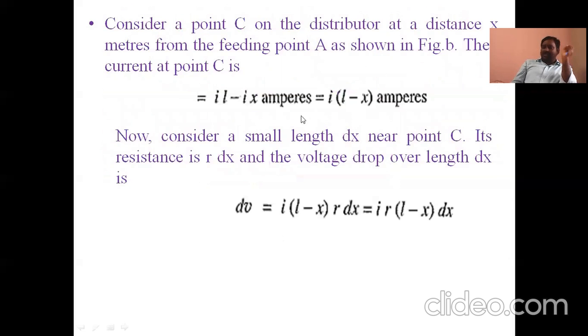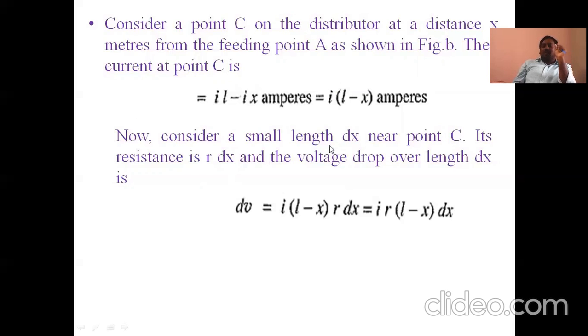That's why the current at point C is I into L minus x, the load tapped beyond point C. From the total length L we subtract x meters, and in that remaining length the current is there at point C.